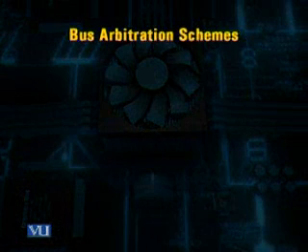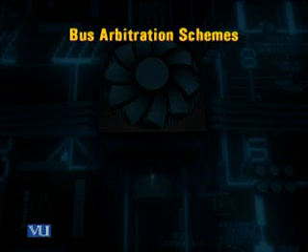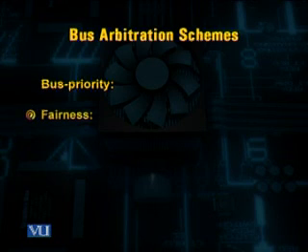The bus arbitration schemes usually try to balance 2 factors, that is the bus priority and fairness. By bus priority, we mean that every device has a certain priority and the device with the highest priority should be serviced first.